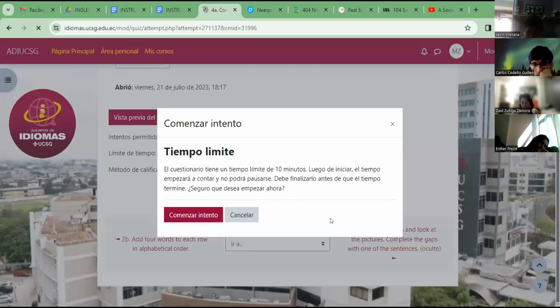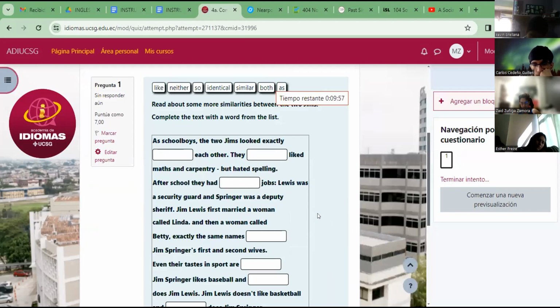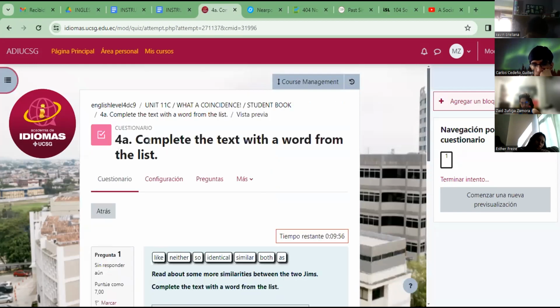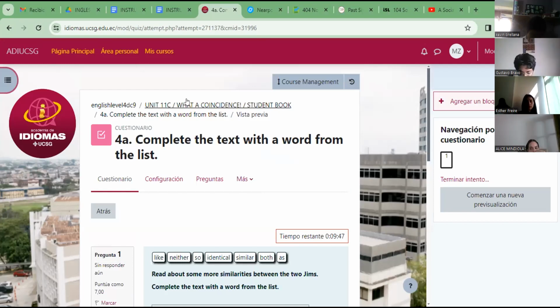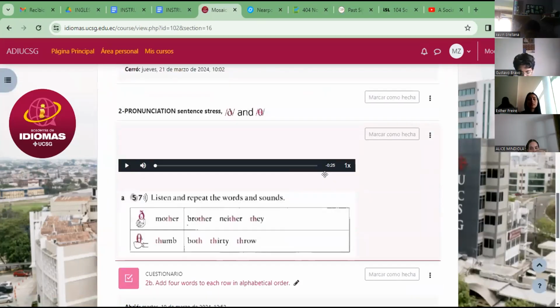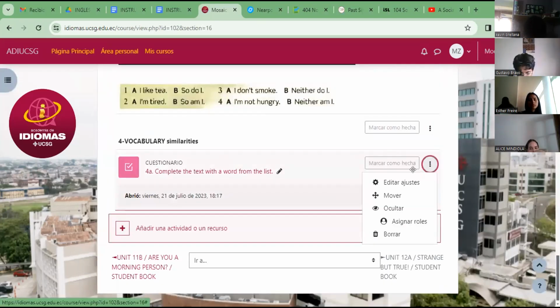Let me see this one. Okay. You need to complete the text with a word from the list: like, neither, so, identical, similar, both, and as. I will open this now. Let me set the time.